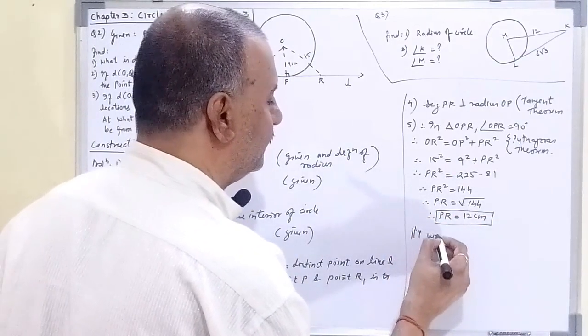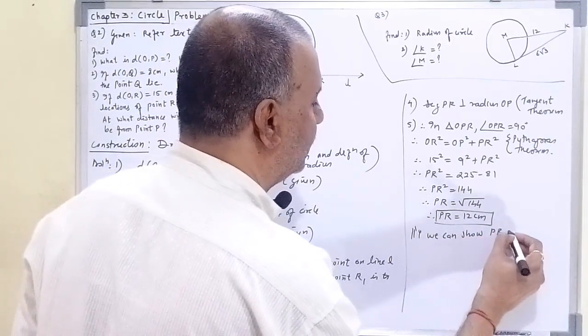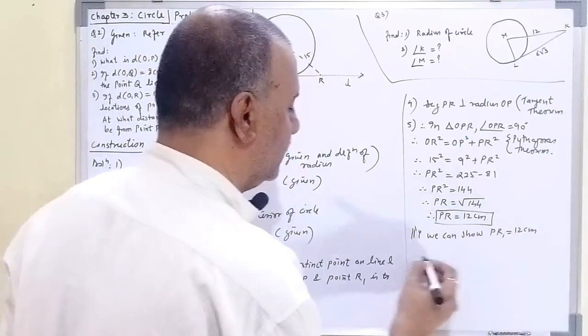Similarly, we can show PR dash equal to 12 centimeters.